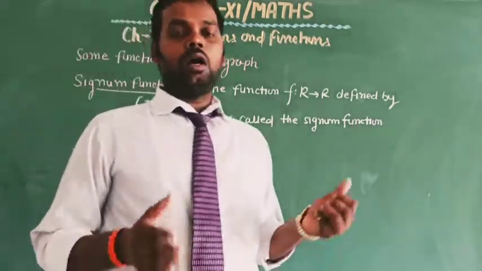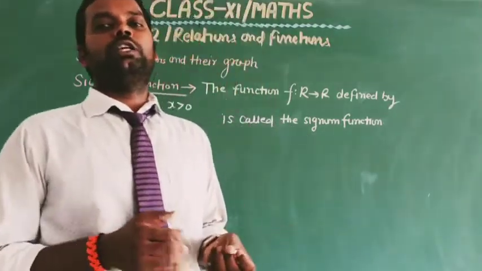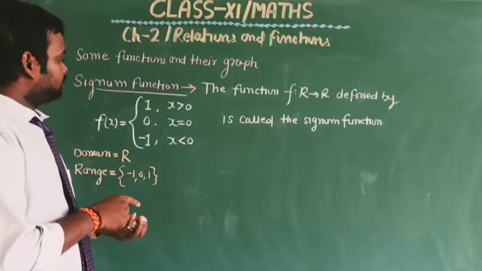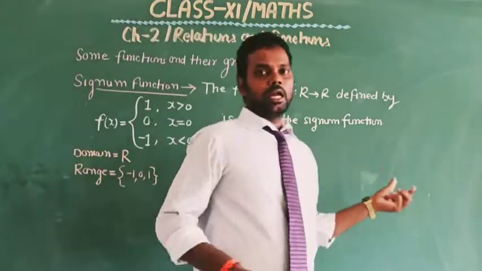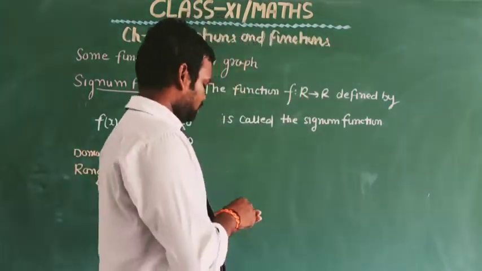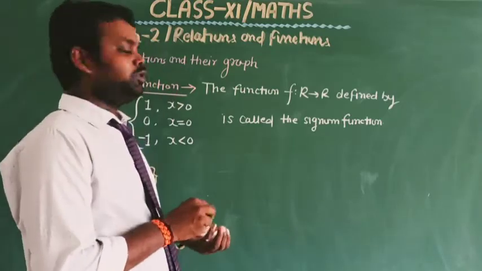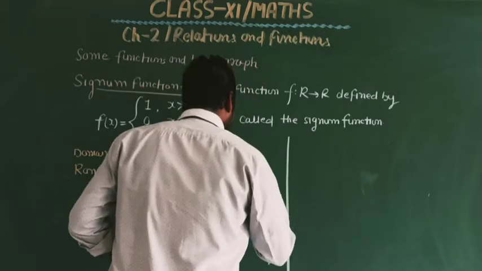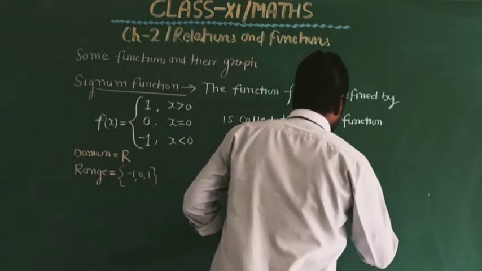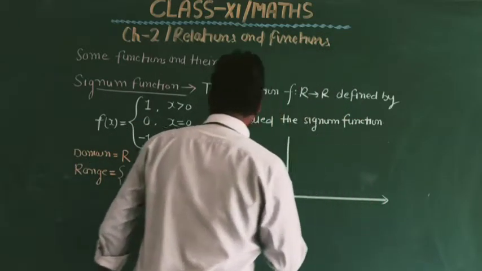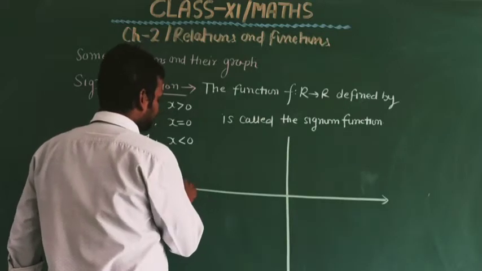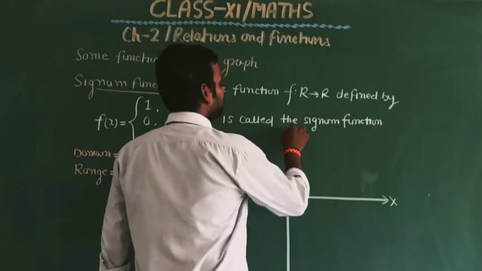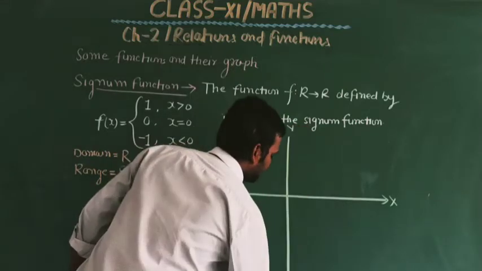Now how to locate the graph of the signum function? Let me draw the graph. First draw two mutually perpendicular lines: the horizontal line X'X and the vertical line Y'Y.